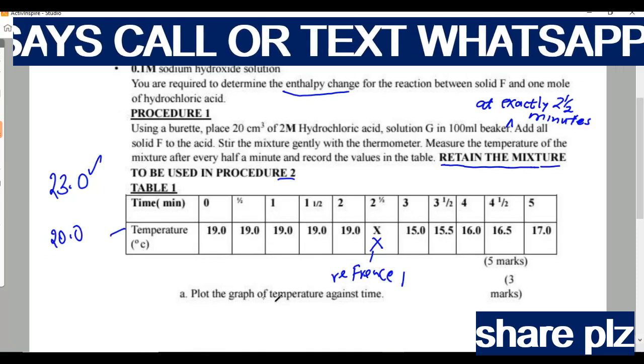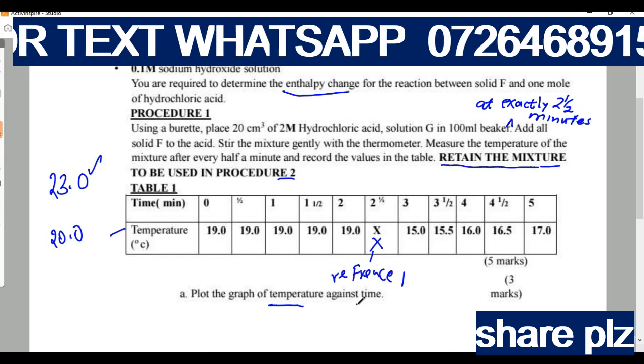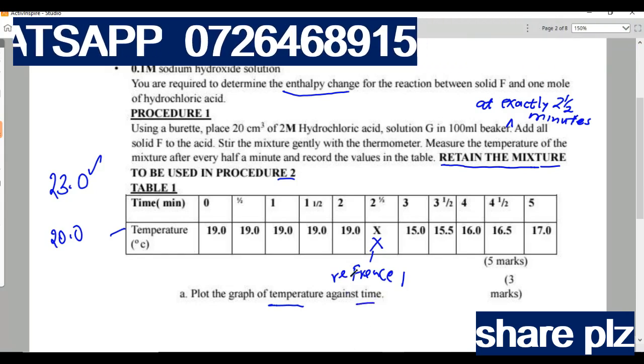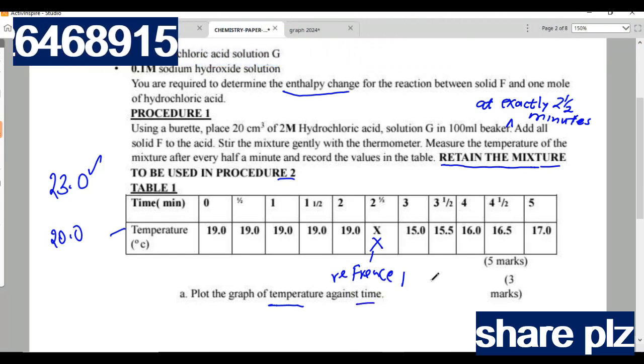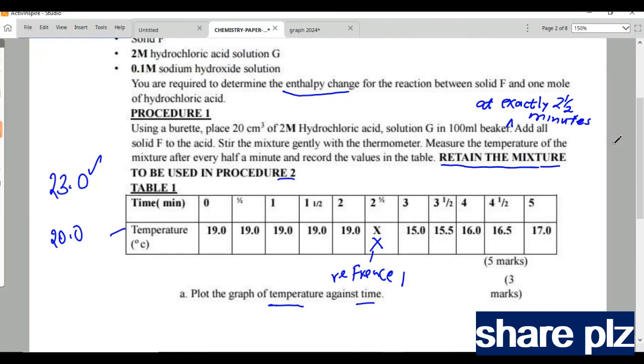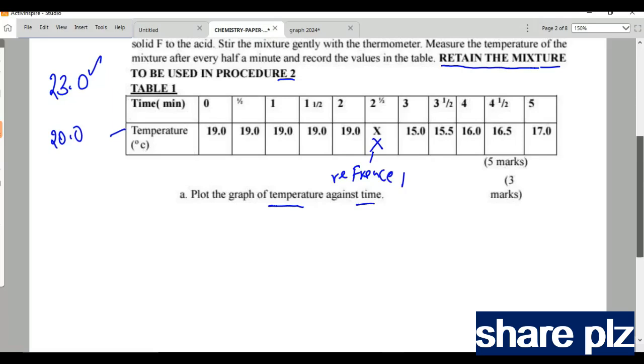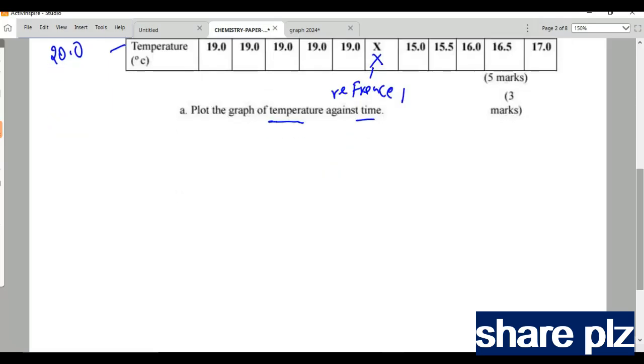Plot the graph of temperature against time. Whenever you are told to draw a graph of temperature against time, or time against temperature, or distance against whatever, this is what I want to explain. This is the y-axis and this is the x-axis.